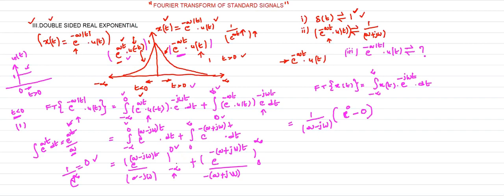So the entire second factor, when you substitute the lower limit minus infinity, becomes 0. And when it comes to the second function, it is 1 minus 1 by a plus j omega.